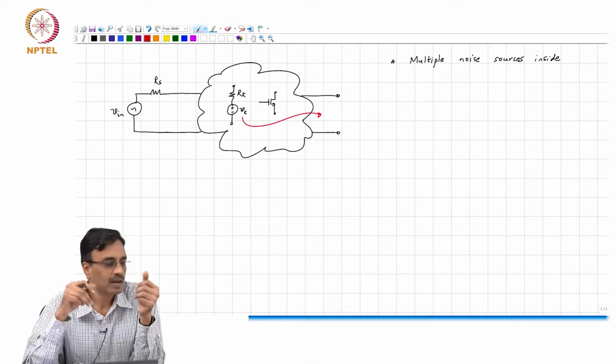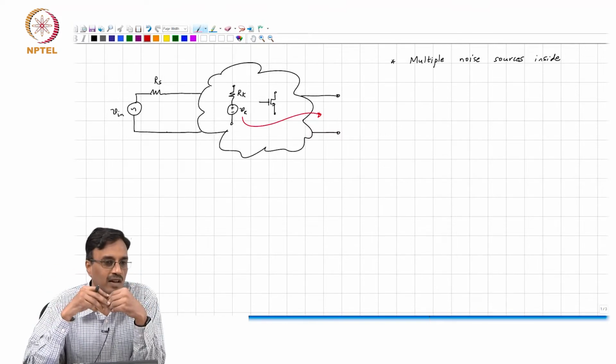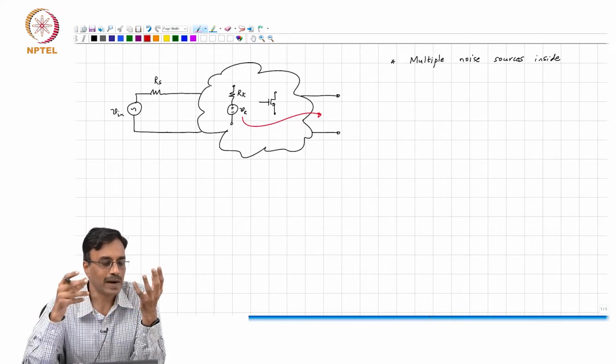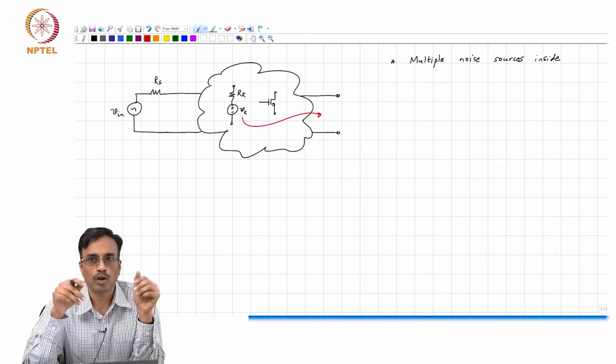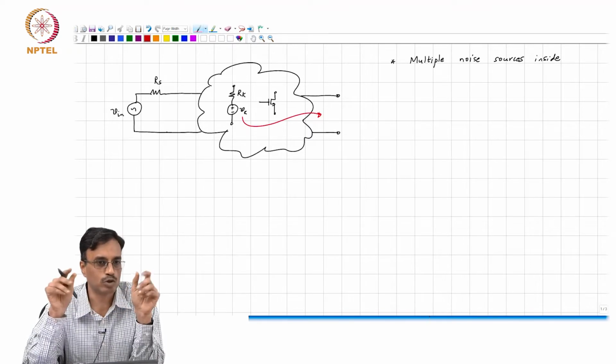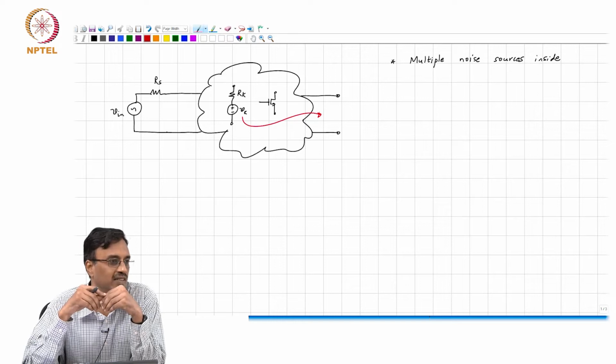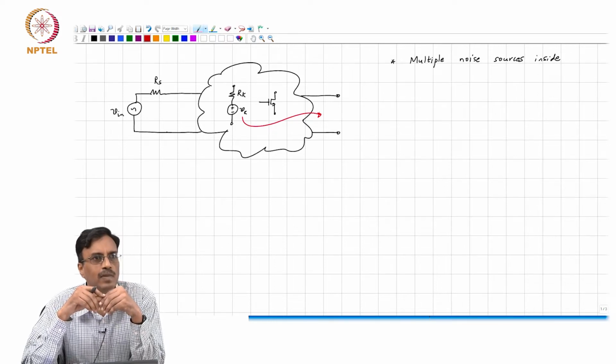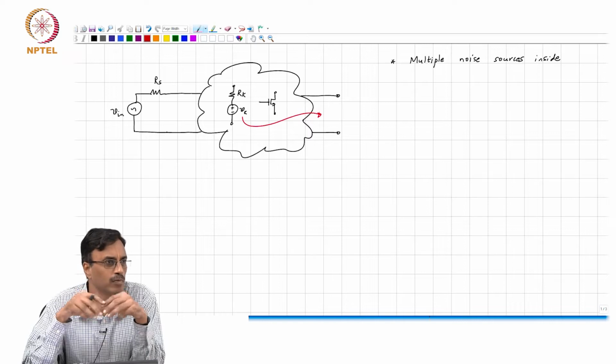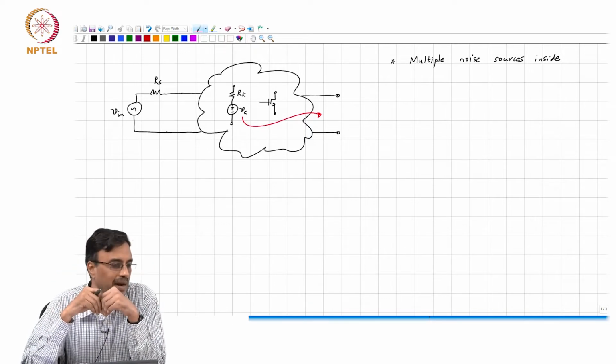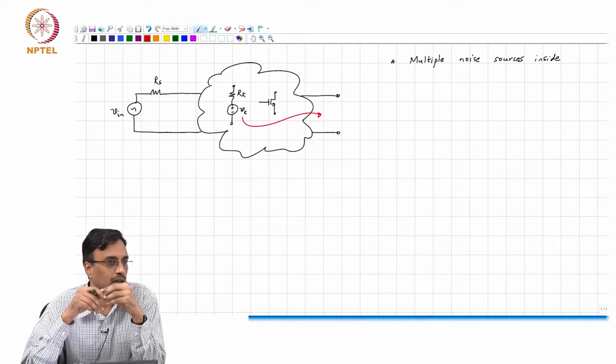My signal is there, it is being processed by this animal, and the output consists of two parts. One is the signal that is processed by the transfer function that it is supposed to, that is the, within quotes, desired output. On top of it, there is noise that is added from within the box, and an obvious question to ask would be, how badly is my circuit block degrading the signal to noise ratio of my input signal?